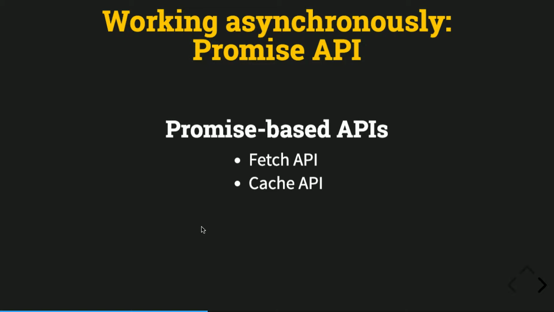The two key APIs that service workers use are the fetch API and the cache API. Both are promise-based. They're used heavily inside service workers, but you can actually use these outside of a service worker script.